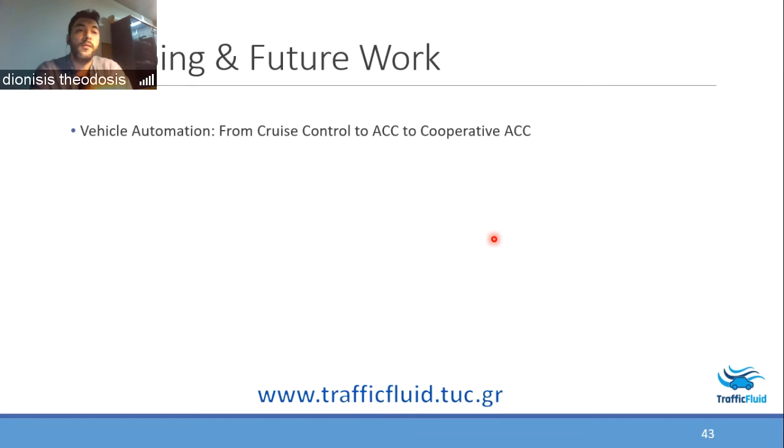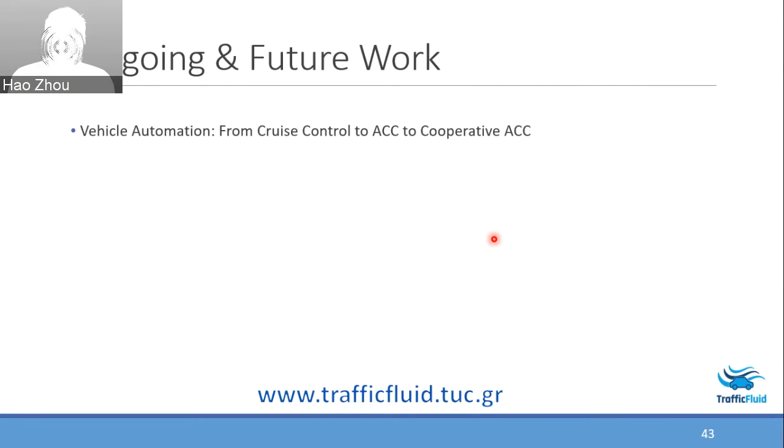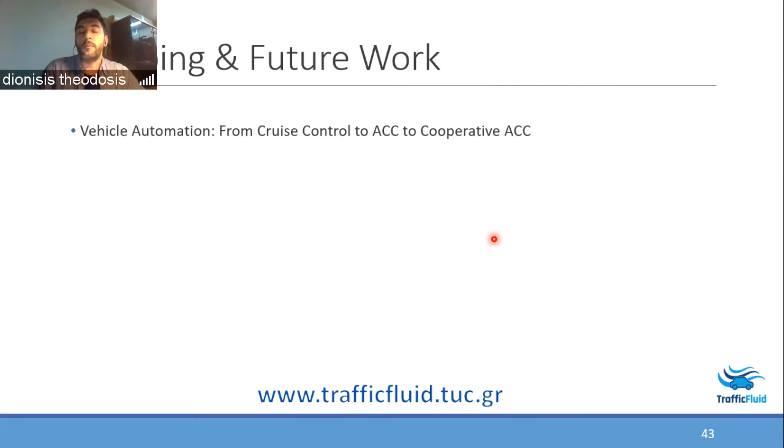Next, just to pique your interest, we have seen that vehicle automation is advancing day by day. We have moved from standard cruise control to adaptive cruise control and also to cooperative cruise control, where vehicles can also communicate with each other. So it seems that the path to full automation is more than likely in the foreseeable future.